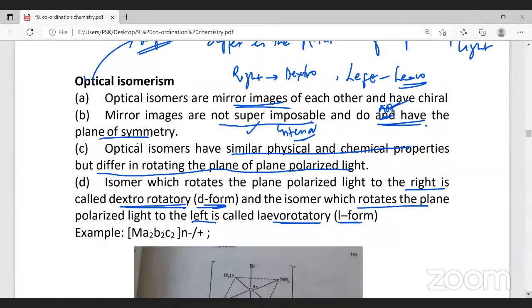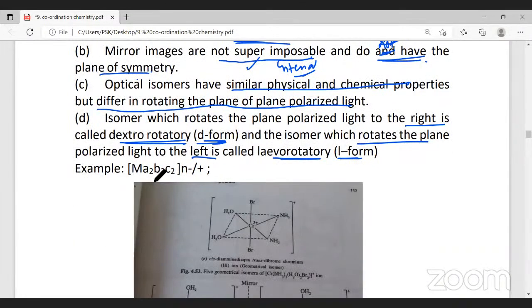Example: the complex can be of the type M, A2, B2, C2, with a charge of n minus or plus. The charge can be -1, -2, -3, whatever it is, or +1, +2, +3. So we have three types of ligands here, called M, A2, B2, C2 type.